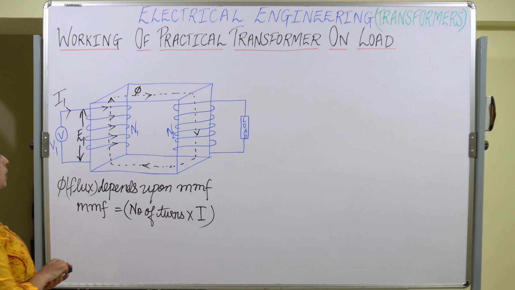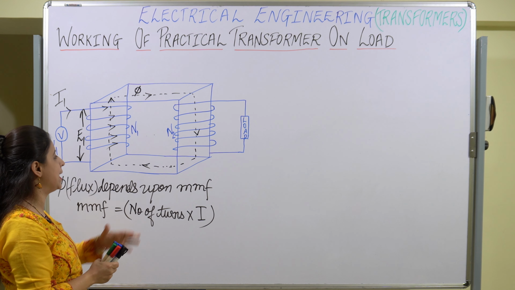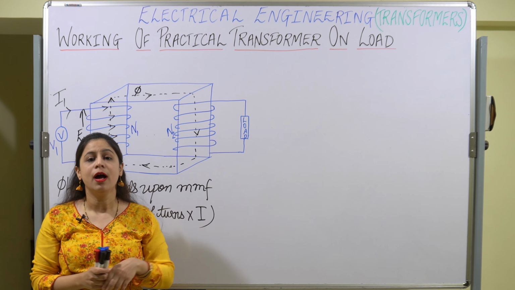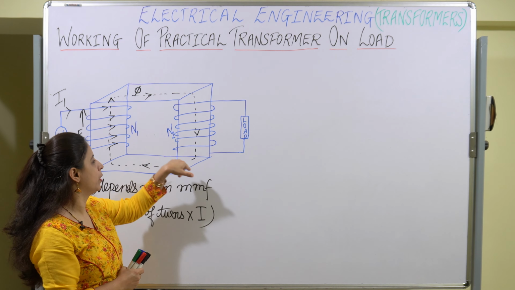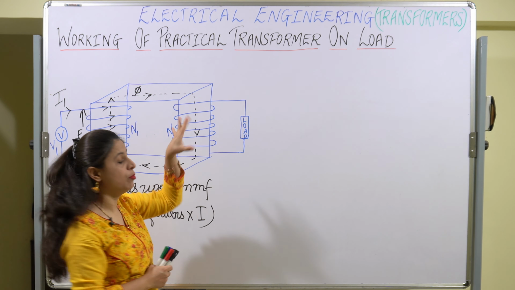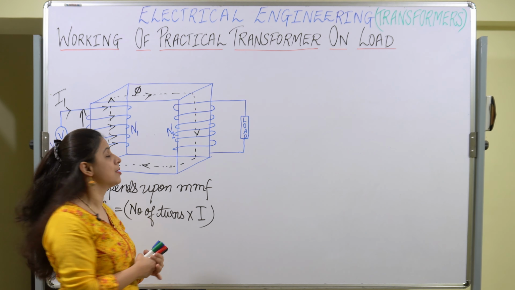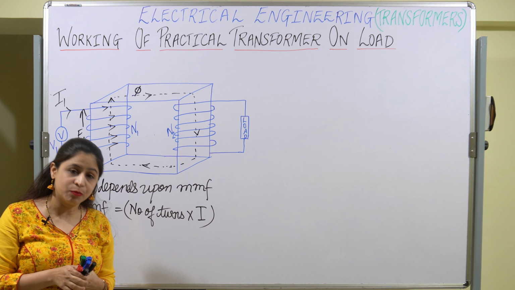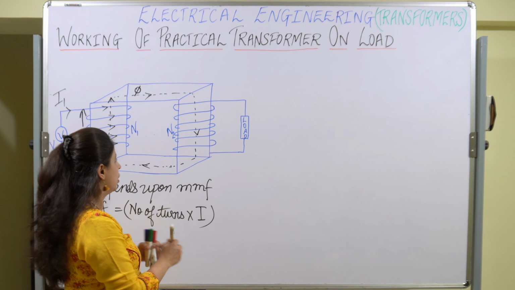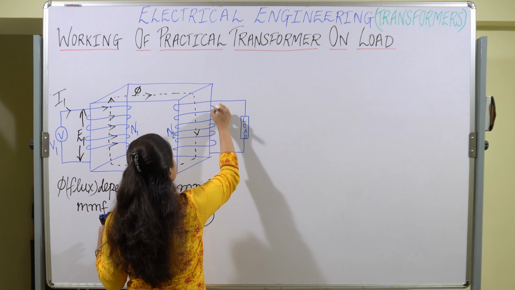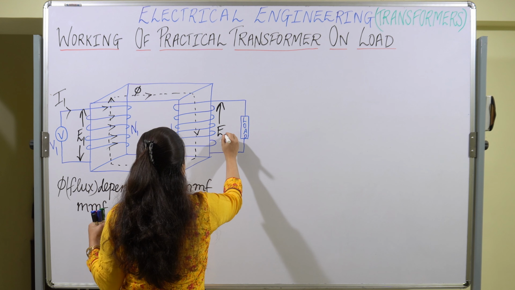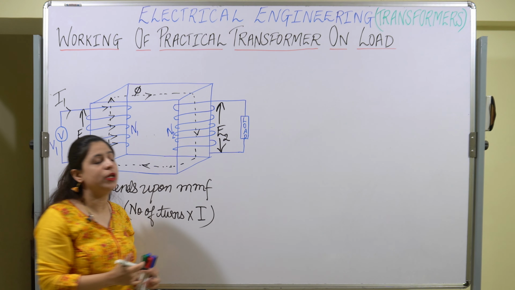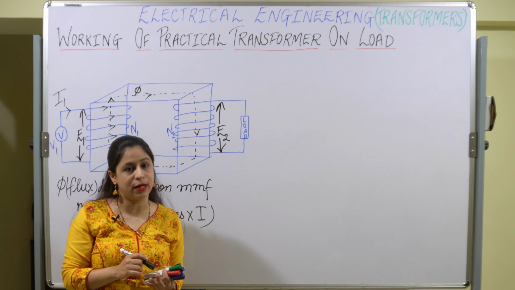This flux now also gets linked with the secondary side, and because of mutual induction, the secondary EMF is set up, and that EMF is given by E2. We have already seen how E2 is set up by mutual induction.